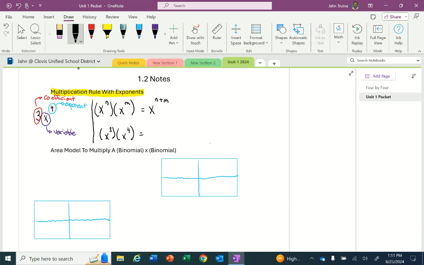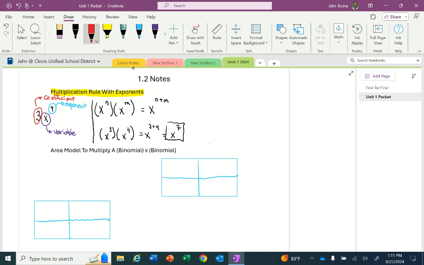This would simplify to x, and then you don't multiply the 3 and the 4, you add the 3 and the 4 together. And since 3 plus 4 is equal to 7, this would simplify to x to the 7th power. So that's the multiplication rule with exponents, okay?